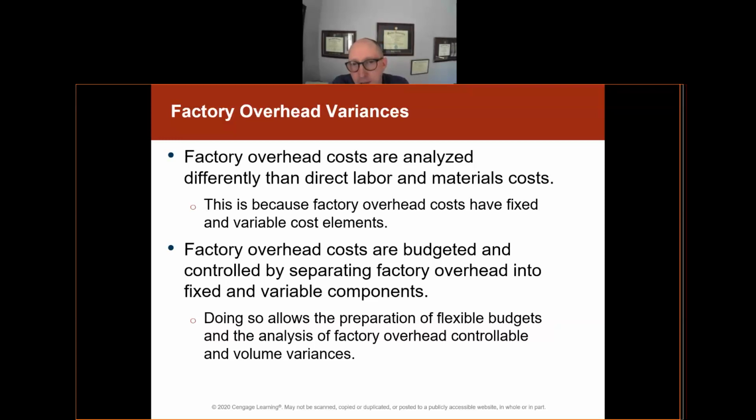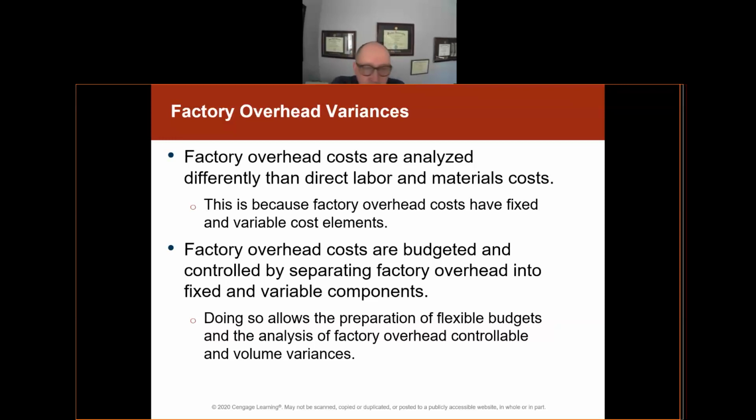Factory overhead is calculated differently because, as you know, factory overhead includes both fixed and variable cost components. Fixed cost would be something like a supervisor's salary or rent or mortgage. Those are fixed costs, right? Or factory depreciation. Those are fixed costs. But then we have variable costs as well in factory overhead.